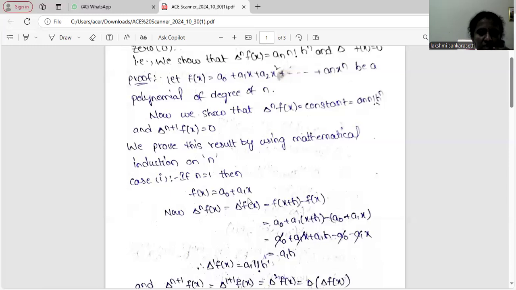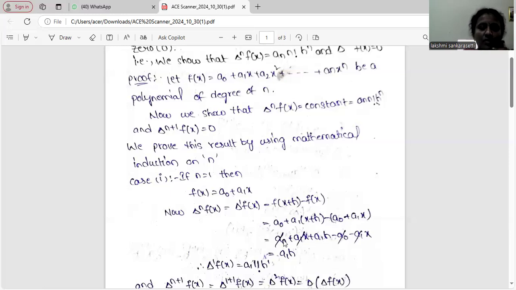That is, a0 plus a1 of x plus h minus a0 plus a1x, which is a0 plus a1x plus a1h minus a0 minus a1x.